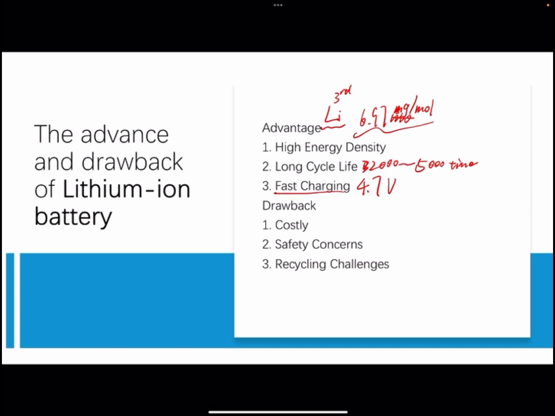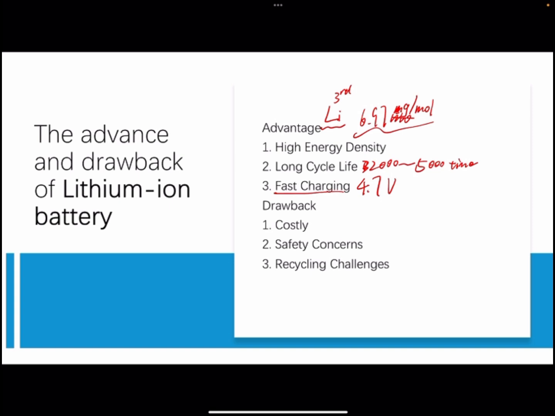But it also has some drawbacks, such as it's costly. Although the manufacturing technology is becoming more and more mature, it's still more expensive than lead acid battery, because the technology you need to use to produce this lithium ion battery is very hard to achieve and maybe expensive.